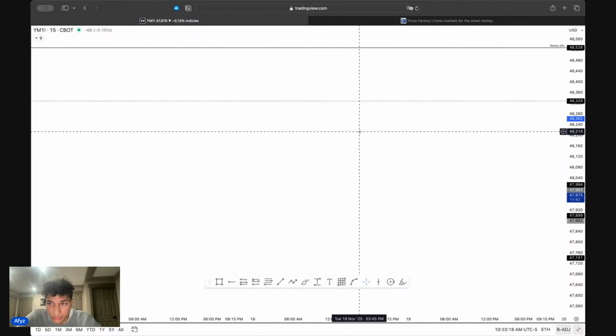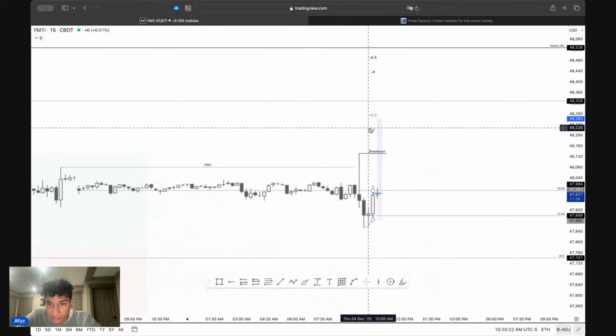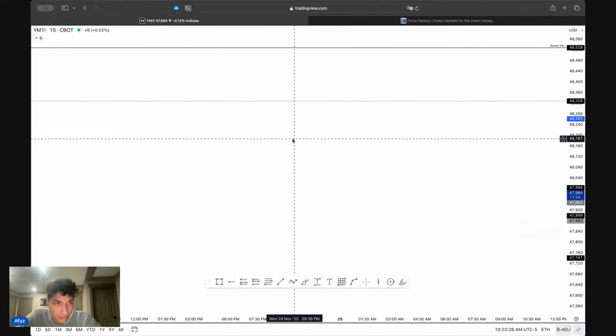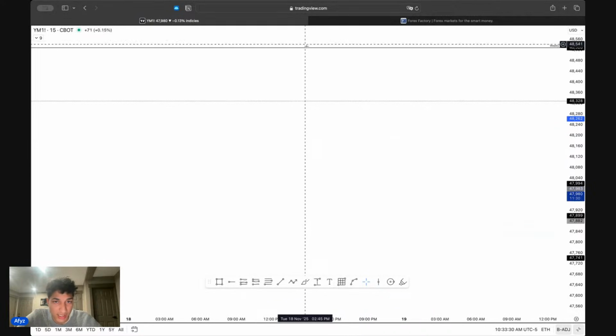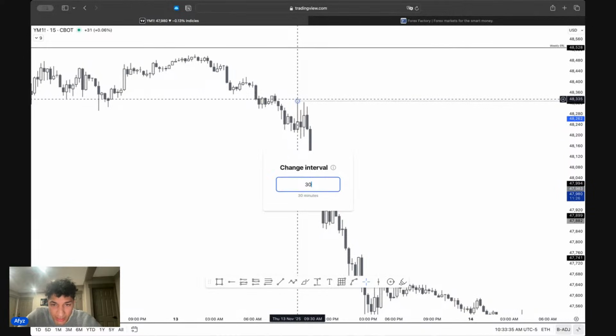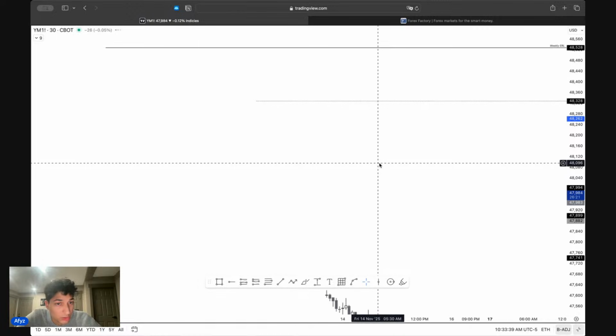So there's literally nothing to look for besides these highs. But again, it might not expand all the way there today. Maybe retest this order block. I'm just trying to find any sort of high or low.